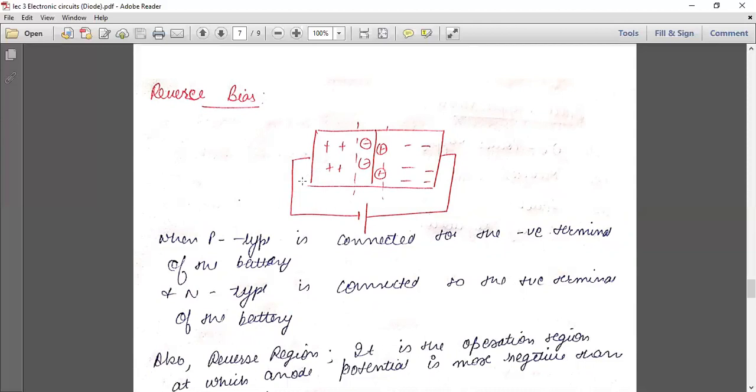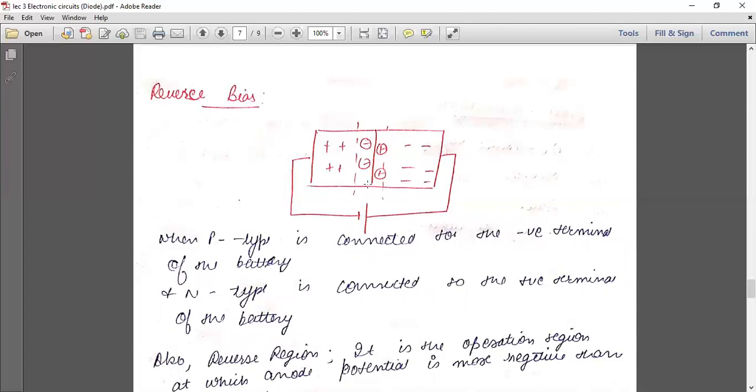These holes will start flowing towards these electrons, and the depletion region on this side gets expanded. Similarly, on the other side, the electrons are attracted towards the positive terminal, and the depletion region on this side also increases.